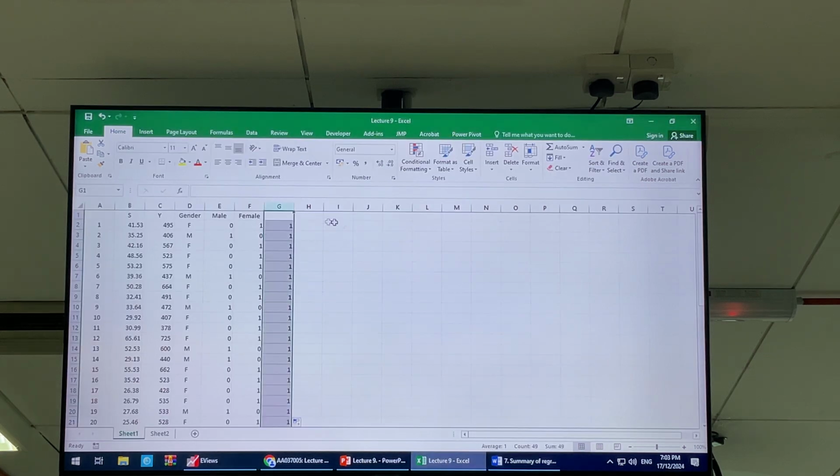So if you have three different categories, let's say education level: primary school, secondary school, and tertiary. For each observation, only one out of three equals one. The other two must be zero, right? You cannot have more than one highest education level, it is either one.